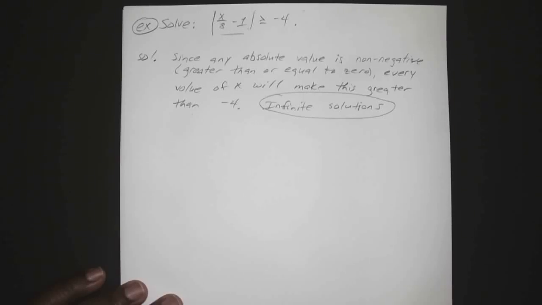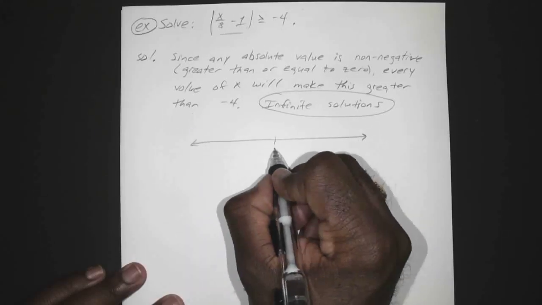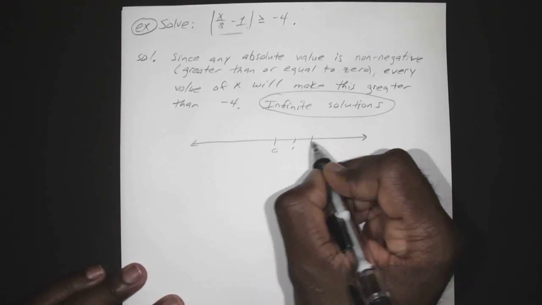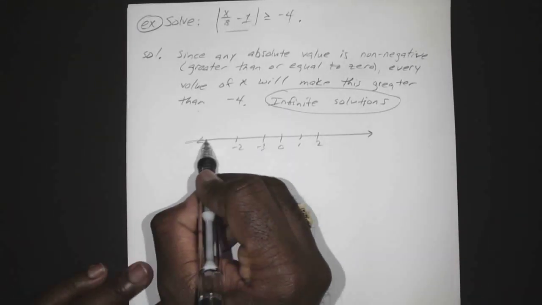And if you wanted to graph that, let's say it's a 0, I'll say 1, 2, just to fill in some space. It's literally every number.